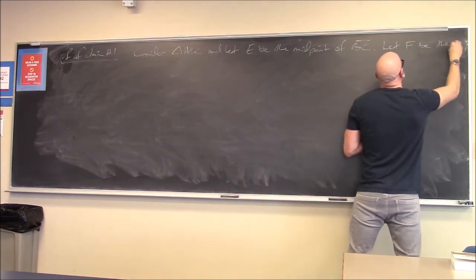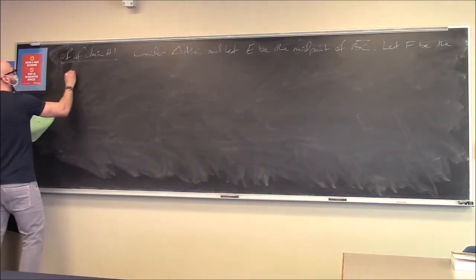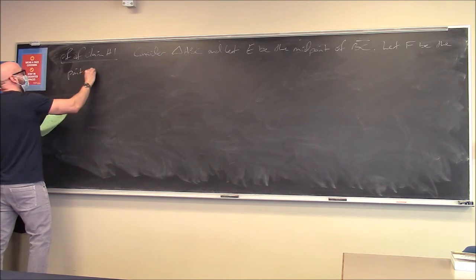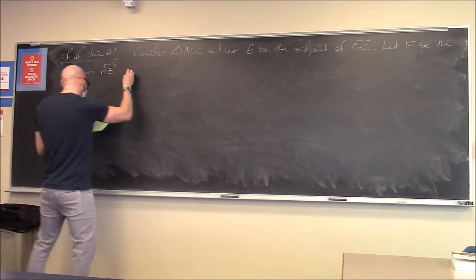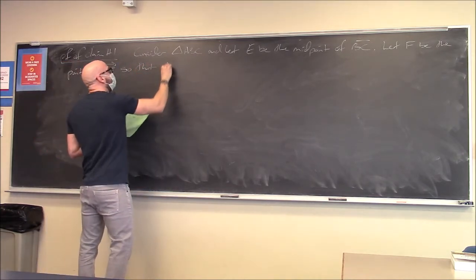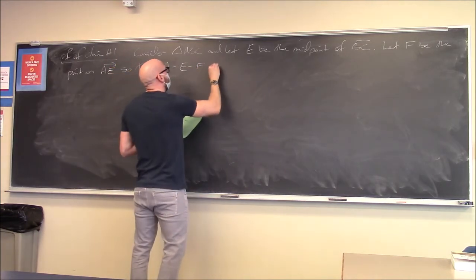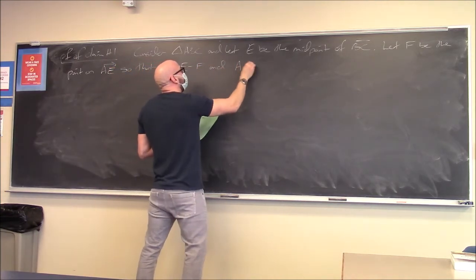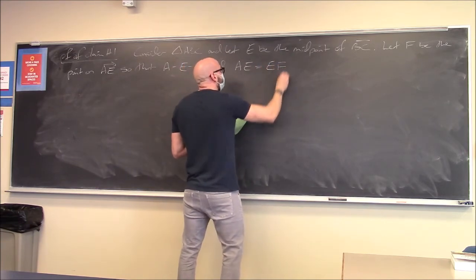Let F be the point on the extended ray AE, so that A, then E, then F, and so that AE is the same length as EF.